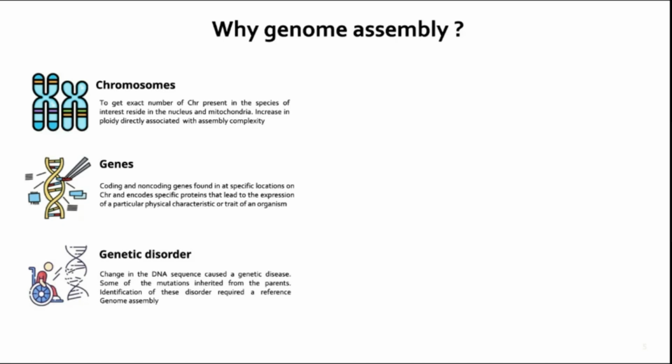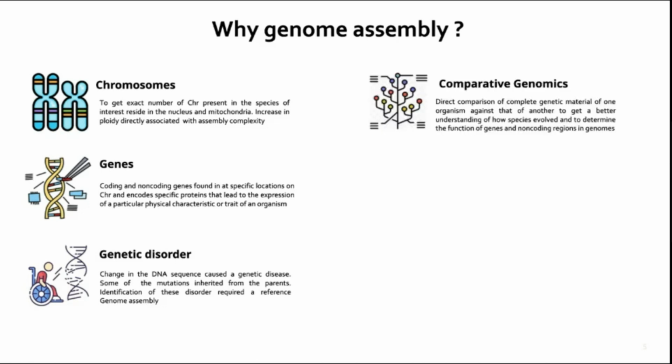Then whether those particular genes are associated with any genetic disorder. In animals there are many disorders, and in plants also many things are happening. So that is one of the things which is required. Then, after getting the genome, we can perform different comparative genomics tasks also.